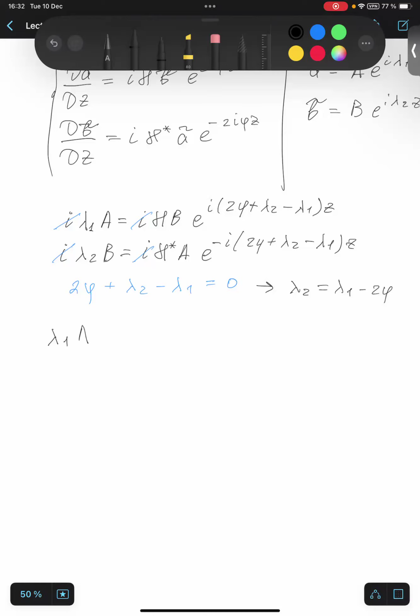Lambda 1 A equals kappa B. And the second one: kappa conjugated A equals lambda 1 minus 2 phi B.